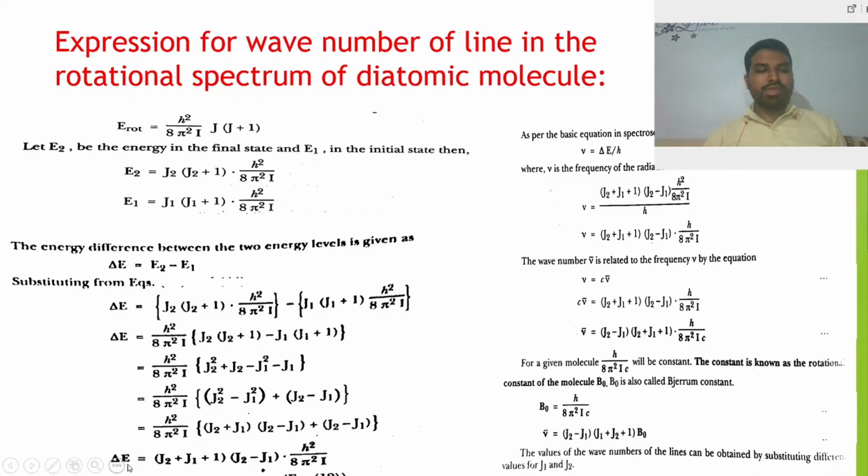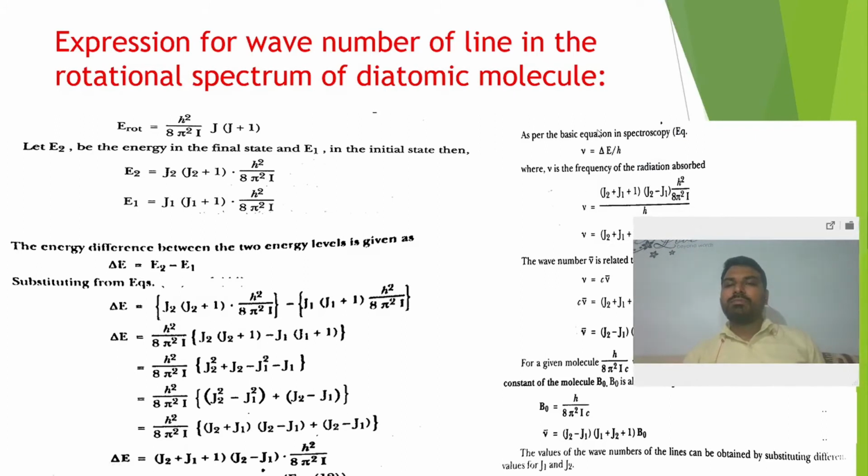Now delta E means j2 plus j1 plus 1. What we have done, we have taken out the similar terms, j2 plus j1 plus 1, and j2 minus j1 are the similar terms, so j2 plus j1 plus 1 and j2 minus j1, h square upon 8 pi square I.